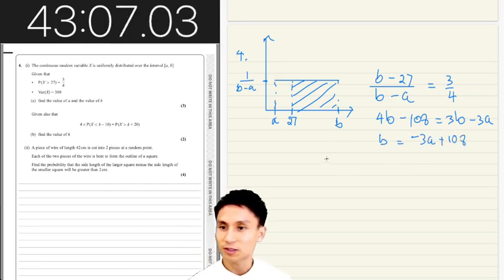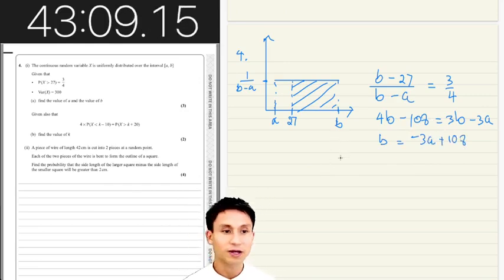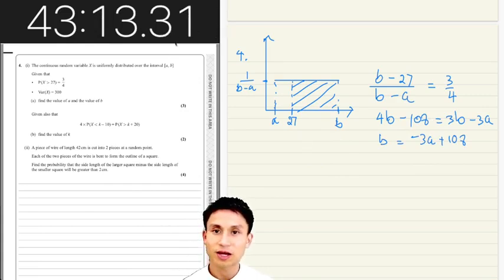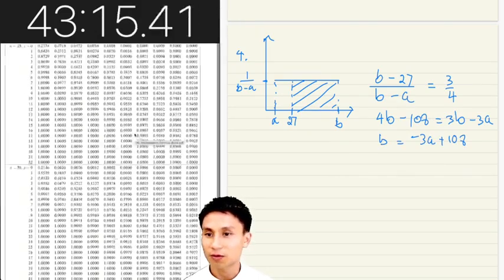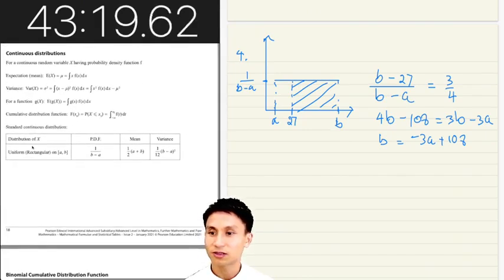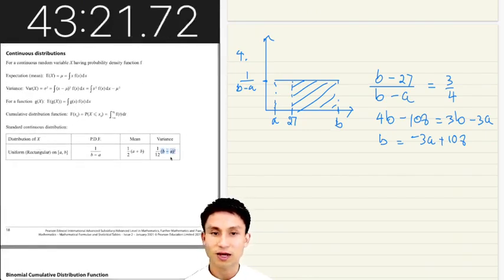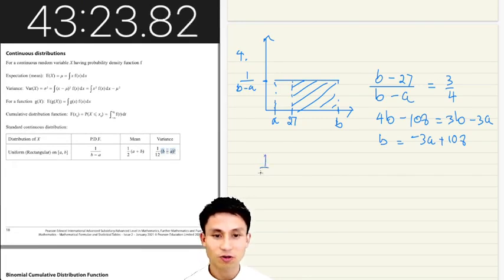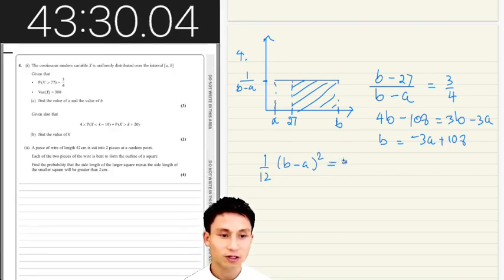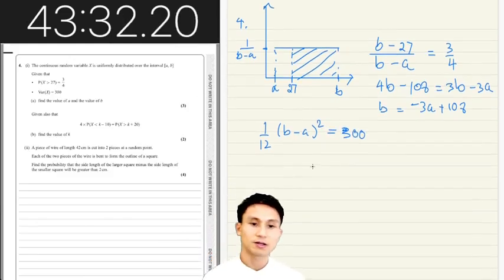That's the first equation. We need to find another one because we are given that the variance is 300. And I think we get the formula of the variance because, yeah, for a uniform distribution here, the variance is that formula. All right, so we're going to use that 1 over 12 times (b minus a) squared, and we put it equal to 300. All right.